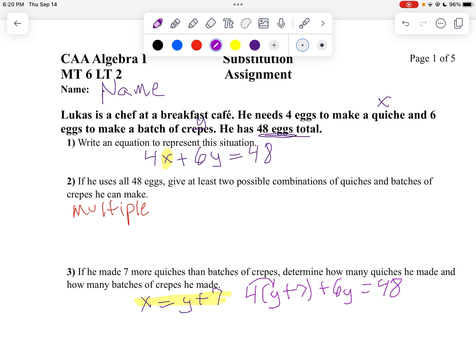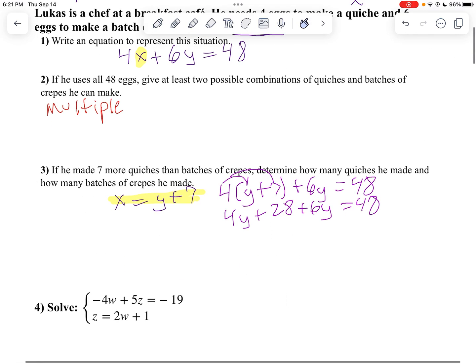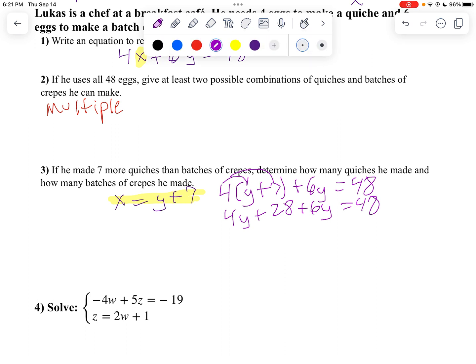Now, we're just going to solve that equation. Distribute the 4 inside, so you get 4y plus 28 plus 6y equals 48. Now, we're going to keep on solving that. And combine your like terms. 4y and 6y is 10y.